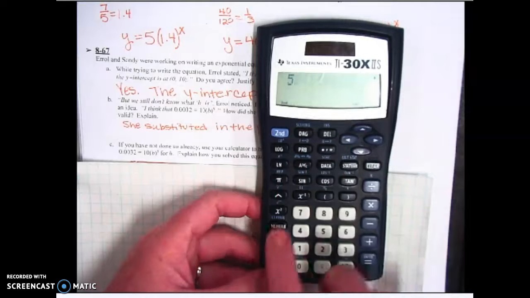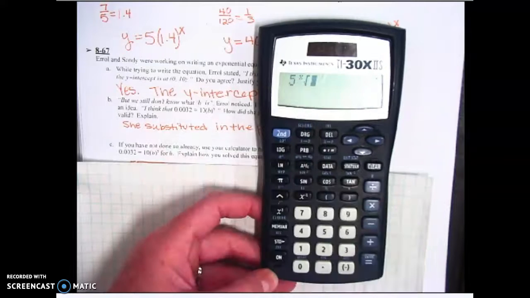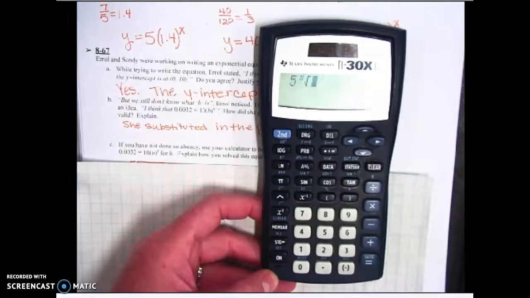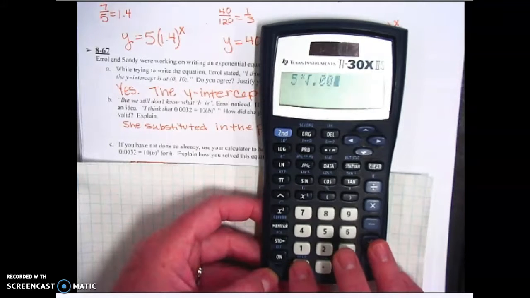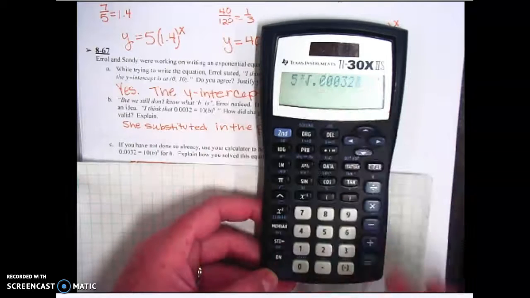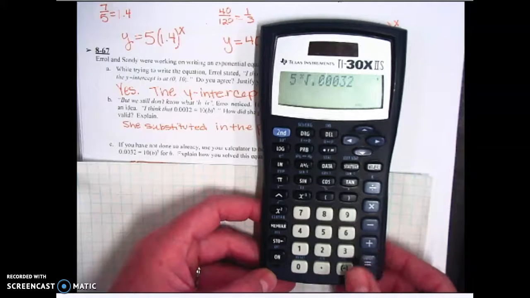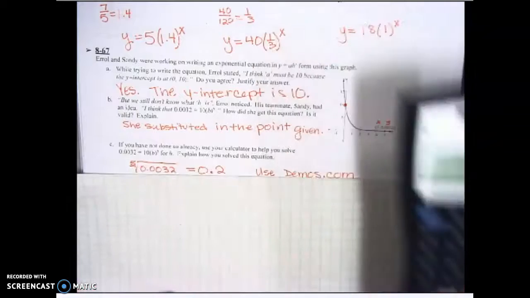On this calculator, you have to hit 2nd and then the X root. That's telling the calculator to take the 5th root of that decimal, 0.00032, or you could use 2nd answer. Hit the equal sign, and you're going to get 0.2.